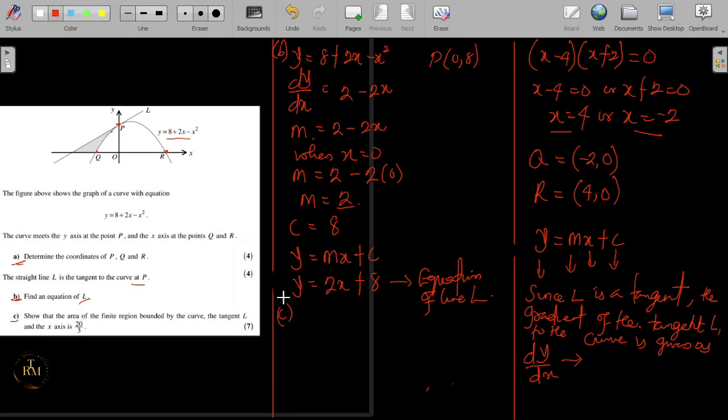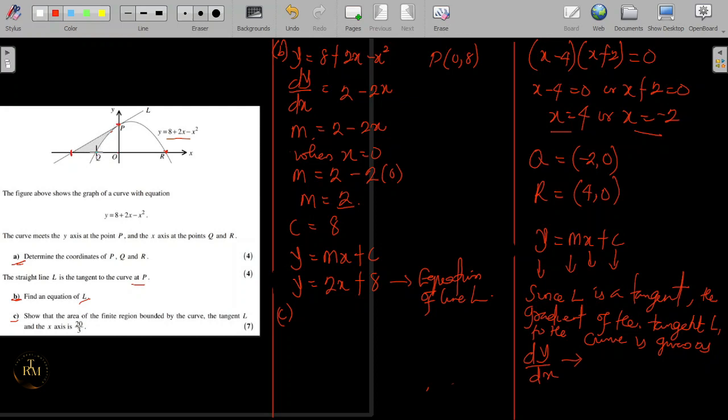Now, if you observe here, the shaded region extends to this point of intersection, a point of intersection of this straight line with the x-axis. So, in other words, it is bounded by this point and this point. Can you see the region?